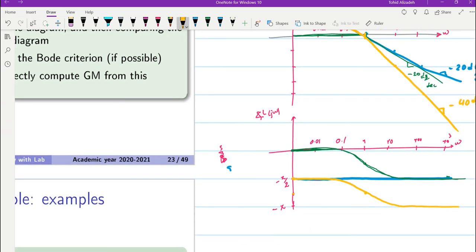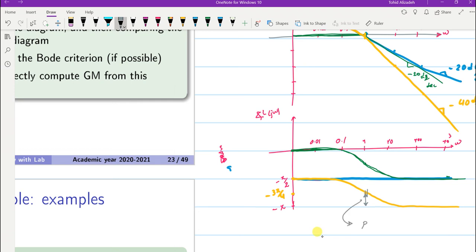So the phase over here will be approximately minus 3 pi over 4. And we need to determine the phase margin by finding this distance at omega equal to 1.